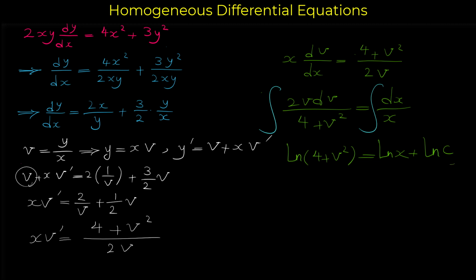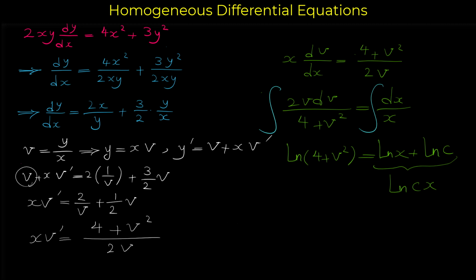So we use ln of c instead of c. But what is the benefit of this? Now note that because this term has ln and this term has ln, we can add them and write them as ln of cx, because note that ln has this property, ln of a plus ln of b is ln of ab.